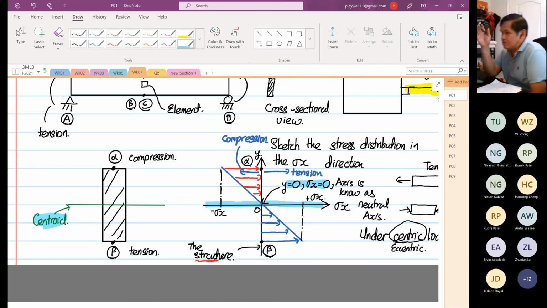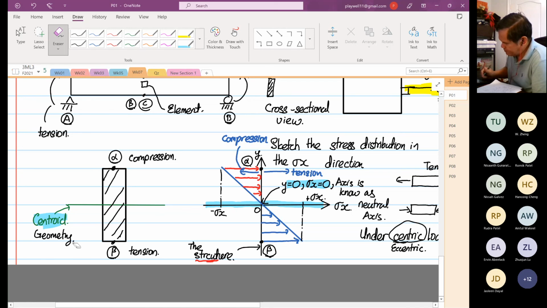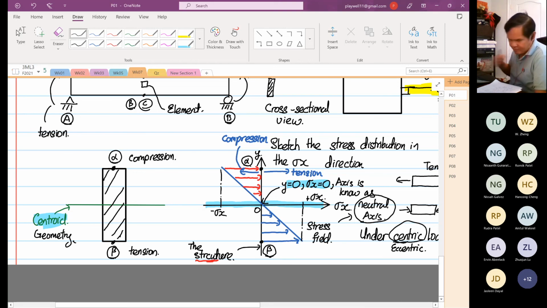Now the neutral axis is based on the stress field. The centroid is based on geometry. Two very different things.